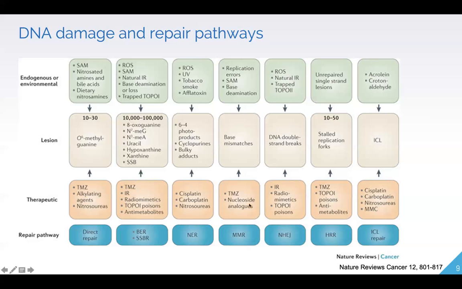And the more extensive the agent in its ability to induce damage, the more efficacious these agents are. Of course, these agents are not specific. They will target all kinds of cells, and that poses a challenge in the balance between achieving certain therapeutic efficacy versus toxicity to normal tissues.